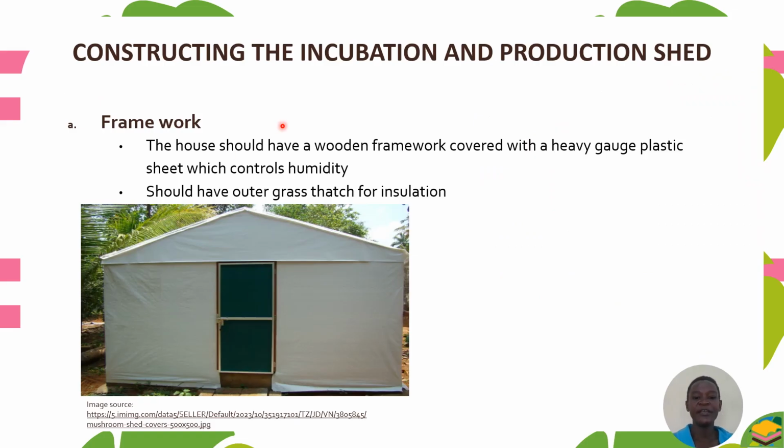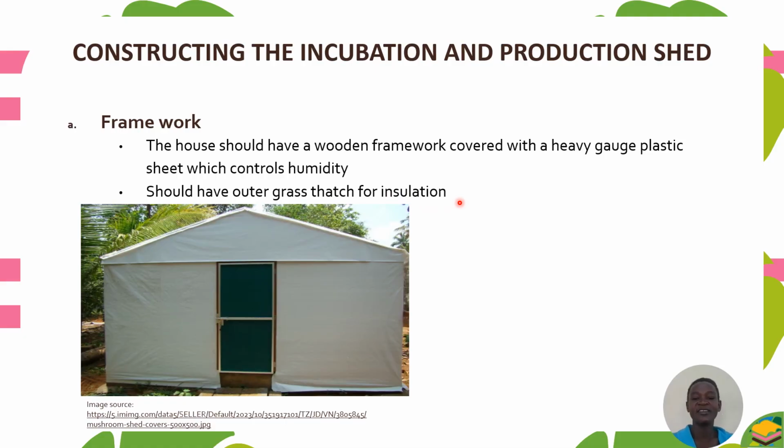Let's do the framework. When constructing an incubation house as well as the production shed, we cannot run away from the framework. So the house should have a wooden framework covered with a heavy gauge plastic sheet. This heavy gauge plastic sheet controls humidity, and the house should also have outer grass thatch for insulation.